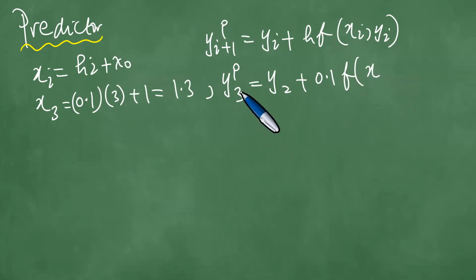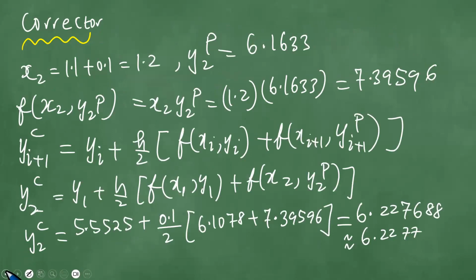So if this is y3, then it occurs at i equals 2, so this is x2, y2. What would y2 be, and what would the rest of these be? f of x2, y2. Let us just compute that. y2 is exactly what we have.